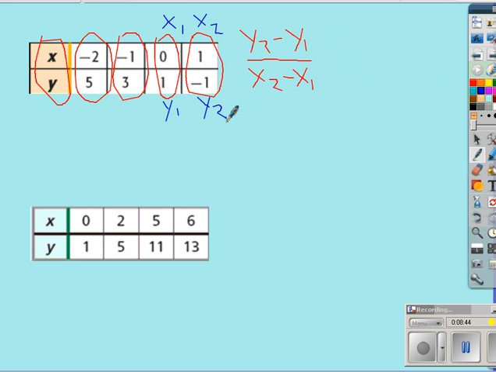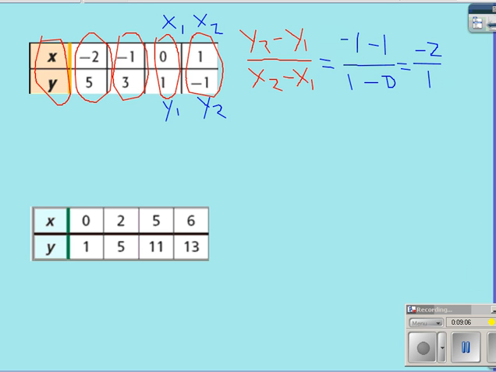Smaller numbers are typically easier to work with. So I'm going to plug those in. y2 is a negative 1. y1 is a 1. My x2 minus x1, 1 minus 0. So negative 1 minus 1 is going to give me a negative 2. And 1 minus 0 is 1, giving me a slope of negative 2.